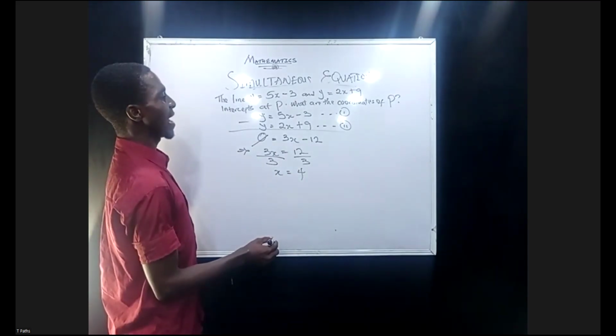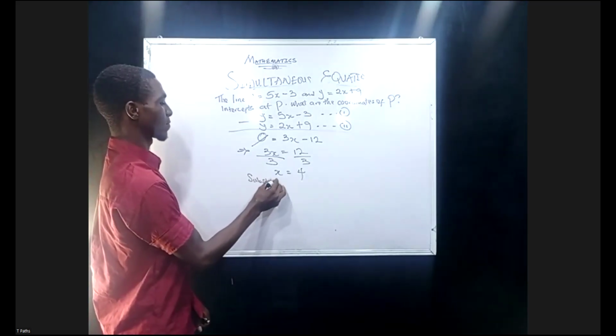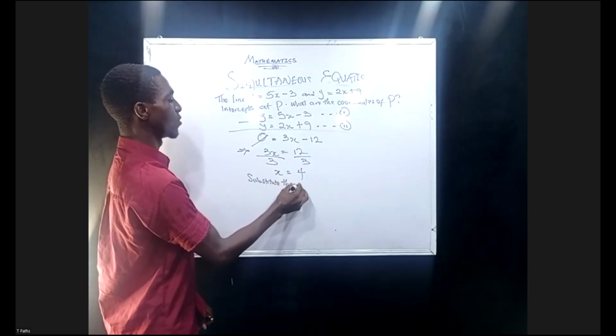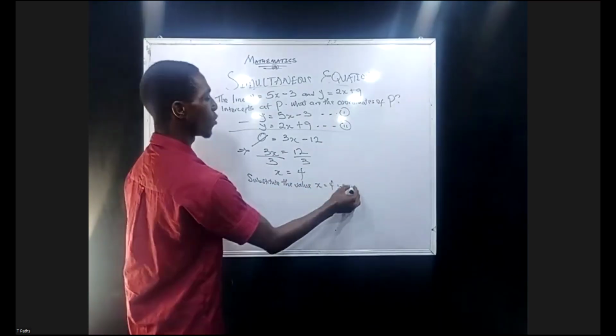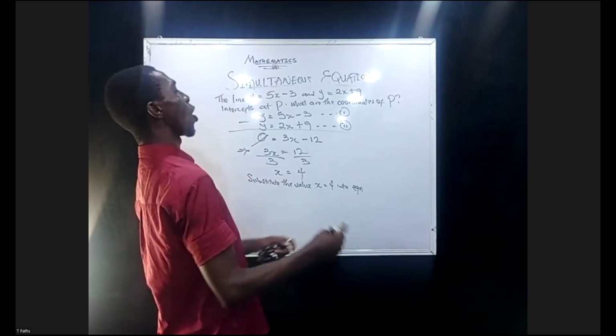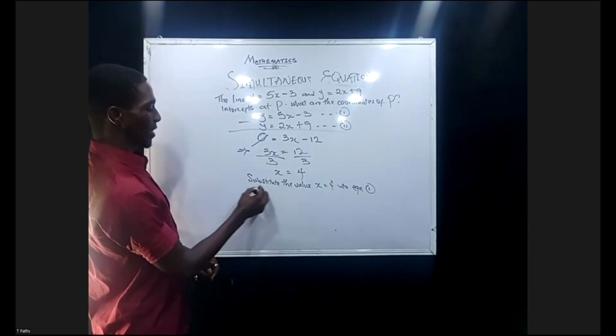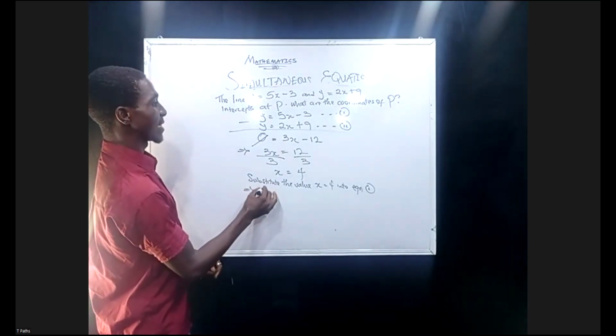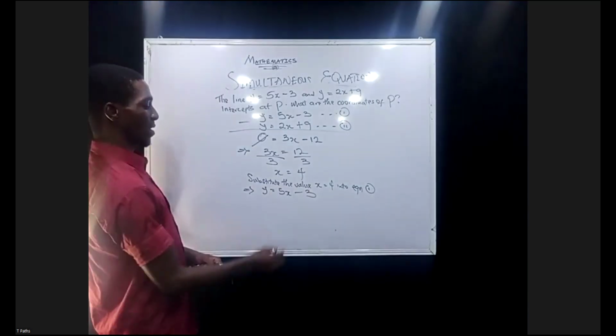Now, since the value of my x equals 4, I substitute x equals 4 into equation 1 or 2. So I go with equation 1. This implies that y equals 5x minus 3.